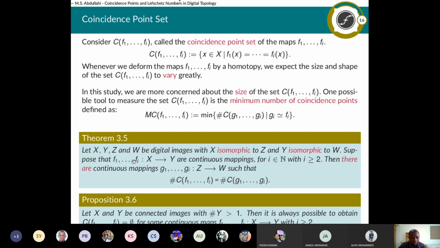All right. Proposition 3.6 tells us that if X and Y are connected images, and Y has more than one element, then it is always possible to obtain the coincidence point set of the functions f1 up to fi to be empty for some continuous mappings f1 up to fi.